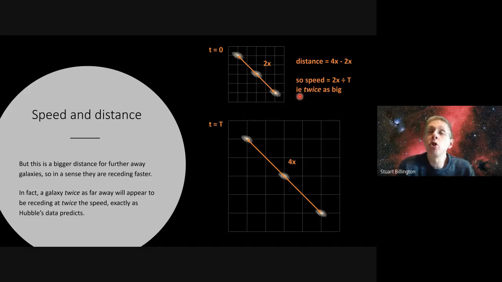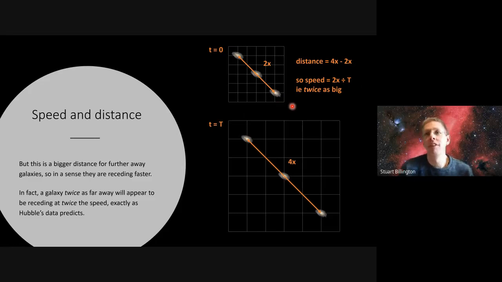It's moved twice as far. But it did it in the same time. So this observer in this galaxy would see this observer, this galaxy, moving away at twice the speed that it sees this one moving away.